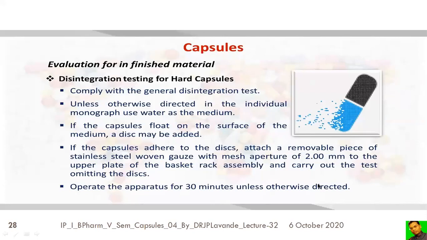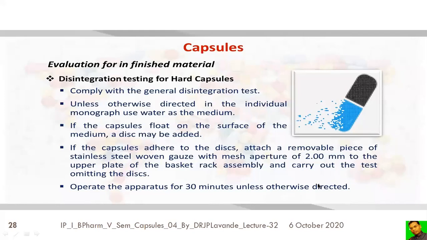Disintegration test. So that is the release of the shell, which is said to be the disintegration. For hard gelatin capsules, it should comply with the general disintegration test, and unless otherwise directed in the individual monograph, water should be used as the medium. If it is mentioned in the monograph, the medium should be selected accordingly. But if it is not mentioned, then water should be selected.